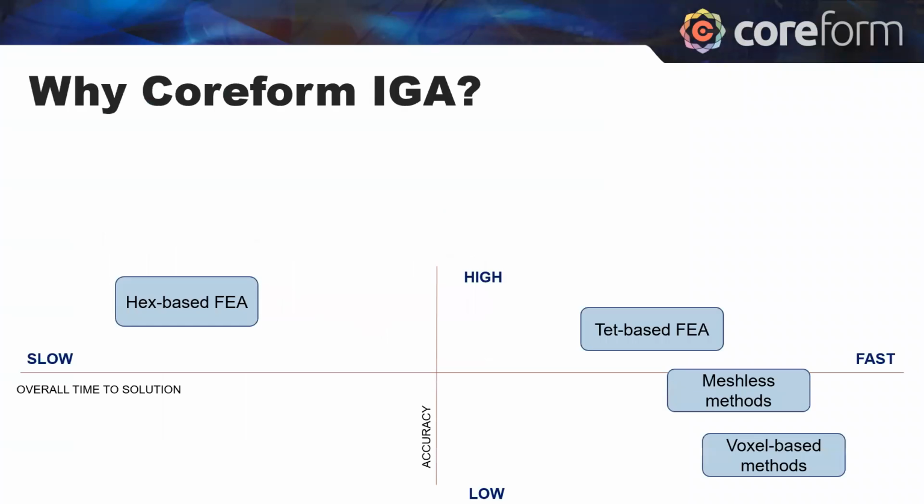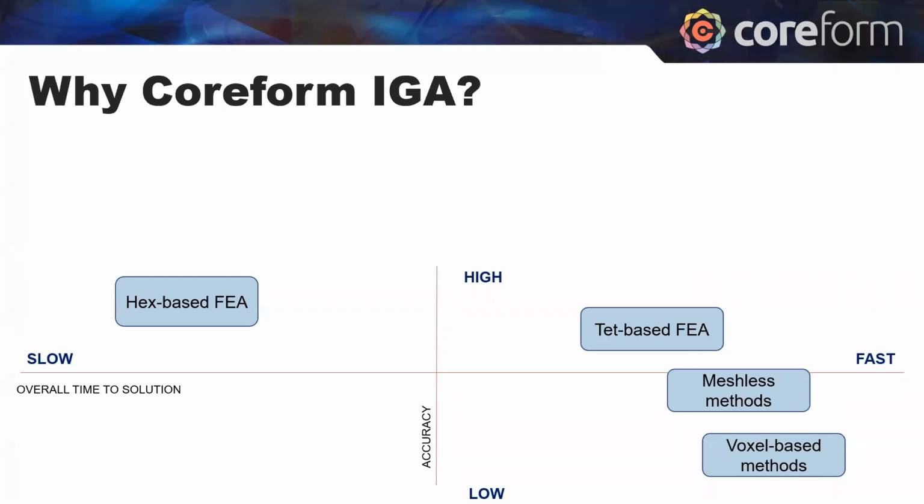But first, one additional comment on why Coreform IGA. If we look on a grid or an axis of how long it takes to solve a problem versus how accurate the solution is that you're getting out, and this is notional, I should say, we have traditionally seen hex-based FEA taking the longest to prepare, but it is the most accurate and the most robust when you have really challenging problems.